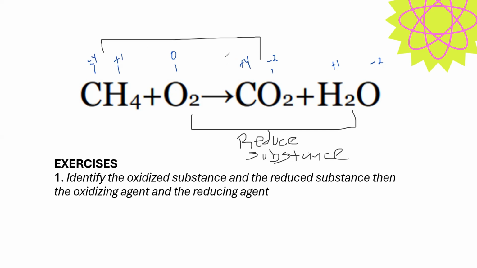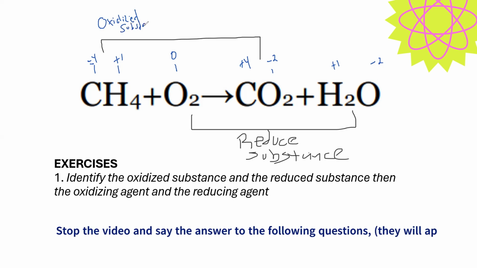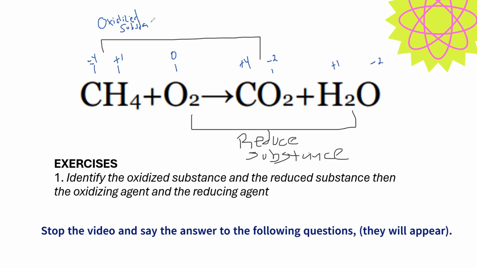In the scale of the oxidation, we had from -7 to +7, no? If it increases, it oxidizes. If it decreases, it reduces, right? In this case, it went from -4 to +4, so it is oxidized. Okay, so question, what is the reducing agent and what is the oxidizing agent?